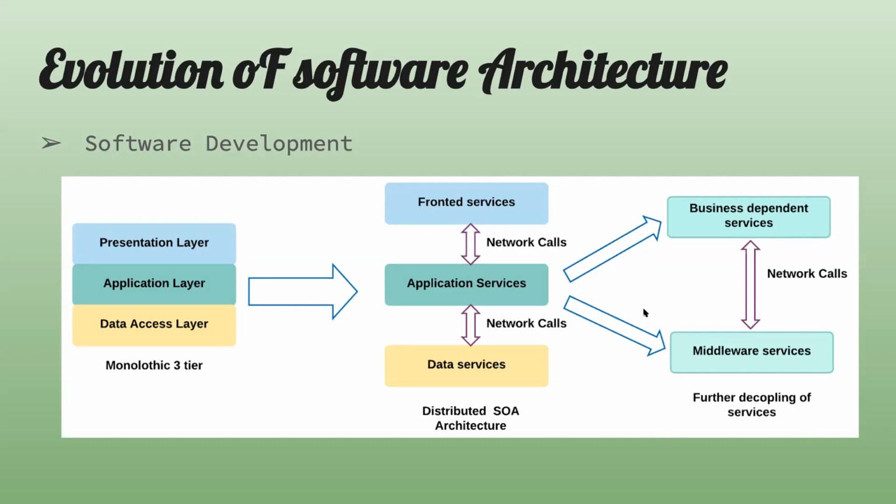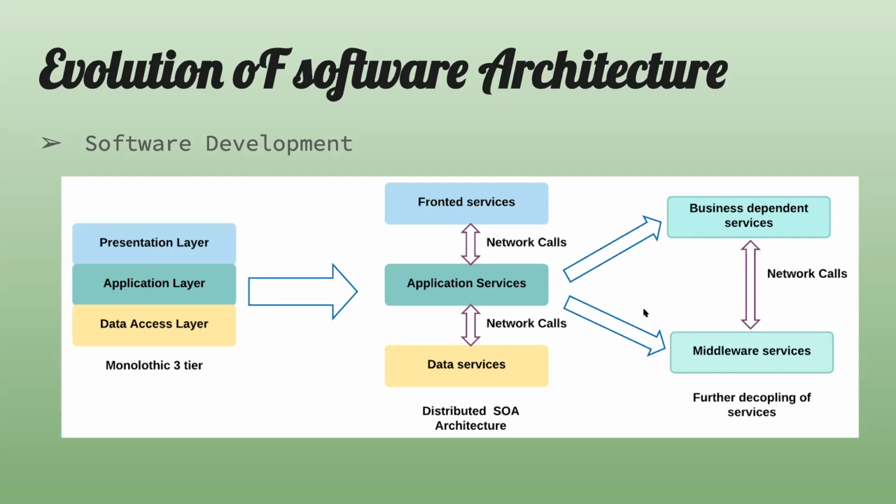The next thing is the application layer that we called earlier. It is converted into application services, and it contains the business logic. The database related functions are grouped into database services. The application service calls the database services through network calls.